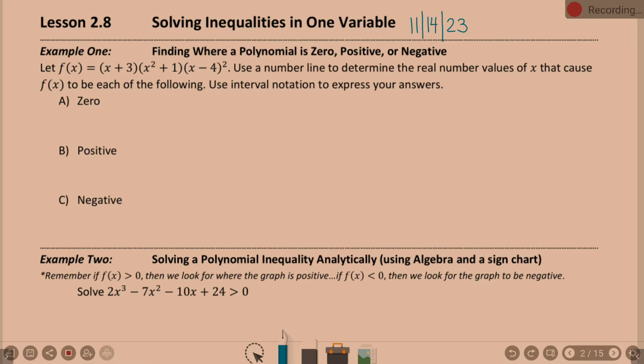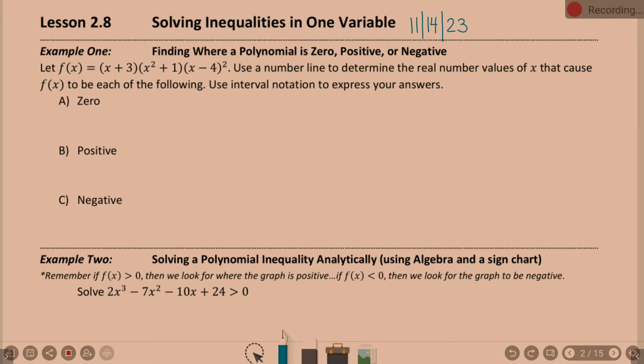So as we look at A, thoughts on how to know when this equation is going to be 0? The advantage here on example 1 is this is already in factored form, yes?